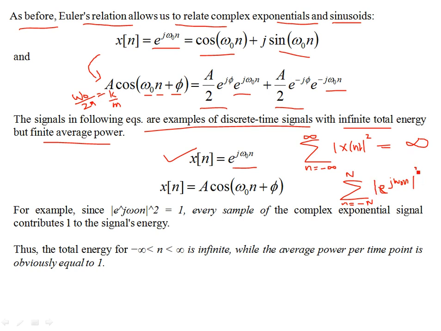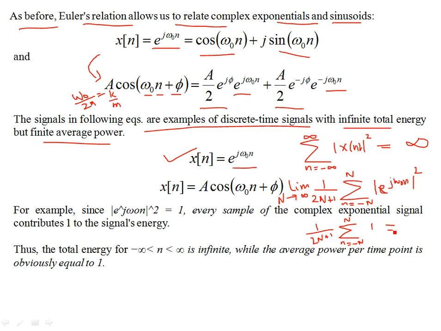For the power, I'm going to take the average over the same number of samples, and allow N to go to infinity, so that I cover the entire length of the sequence, all the samples. This magnitude squared is 1, right? So what I have in the summation is 1, and I have to sum this up from minus N to plus N. If you count the 0, this whole summation is nothing but 2N plus 1.